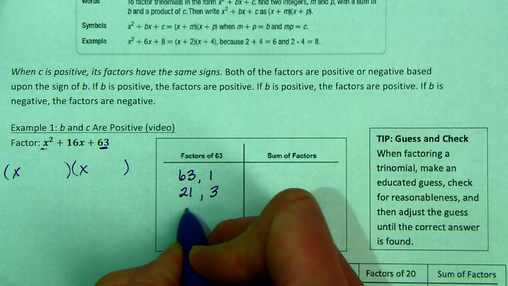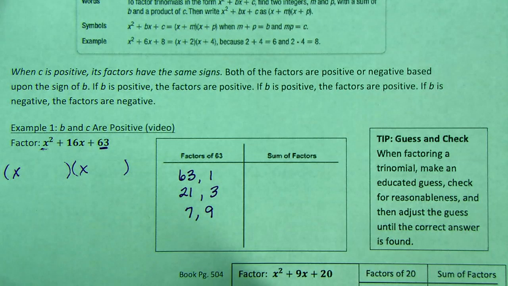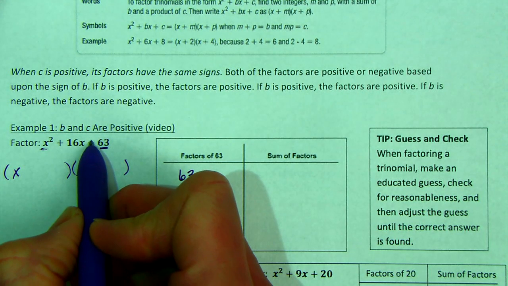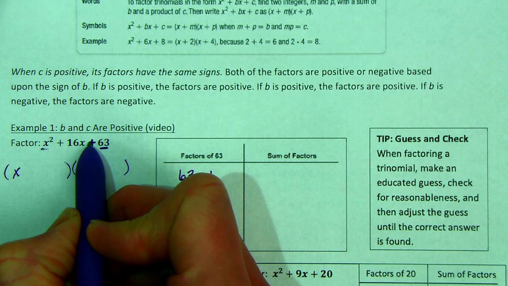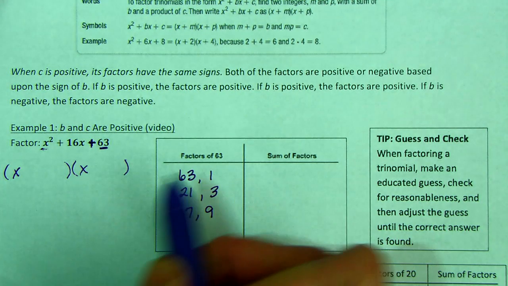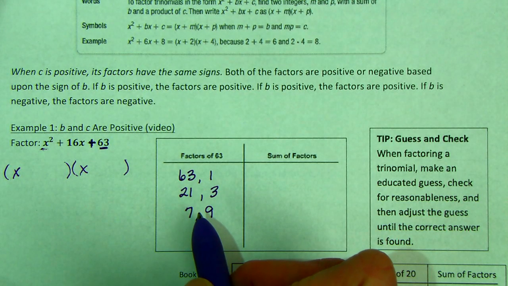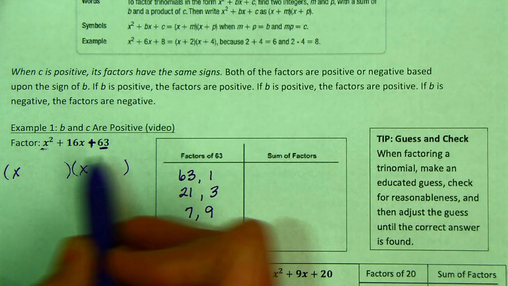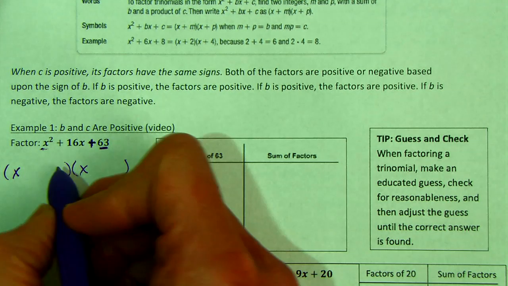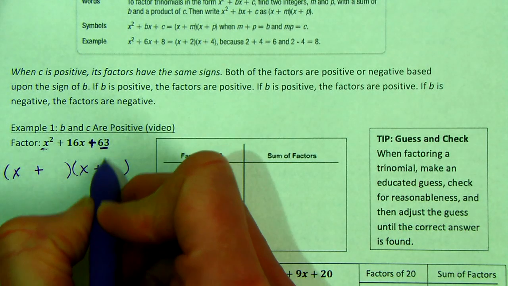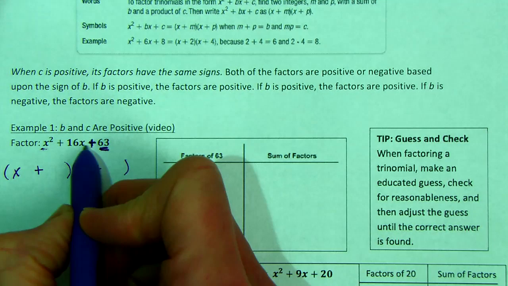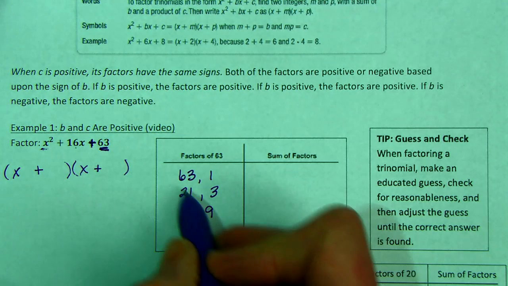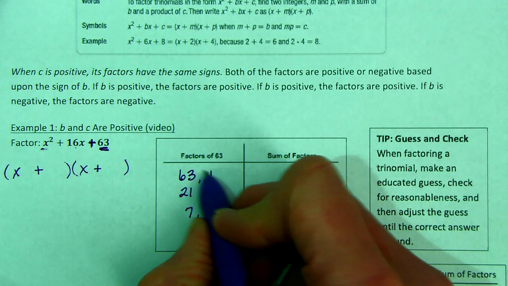Because this is a plus, that tells me my signs are the same. They're either both positive or both negative to get a product that's positive, and since the middle term is positive, they're both plus. So I'm looking for two numbers that have a product of 63 and a sum of 16. Over here, I put the factors. Then we got 64, then we got 24, and then 9 plus 7 is 16.